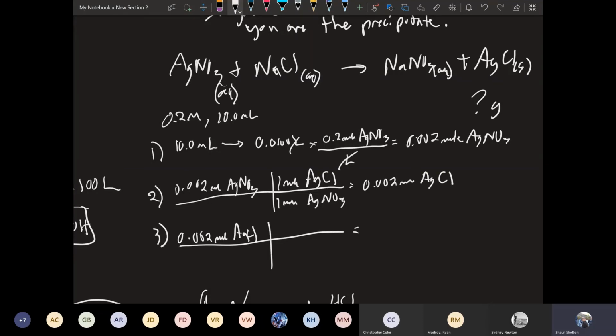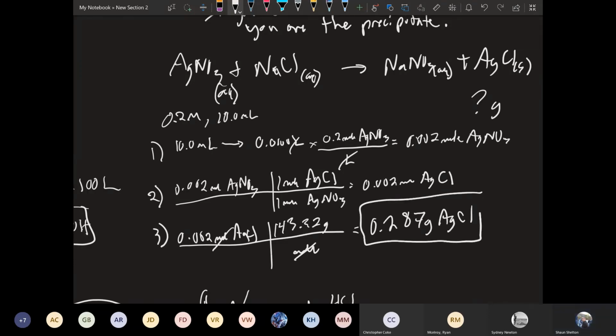Ag is 107.87 plus 35.45 gives me 143.32 grams per mole. We multiply this by 0.002, so your moles are going to cancel out, and that gives me 0.287 grams of AgCl. So that's the mass of AgCl that's going to be produced from this reaction.